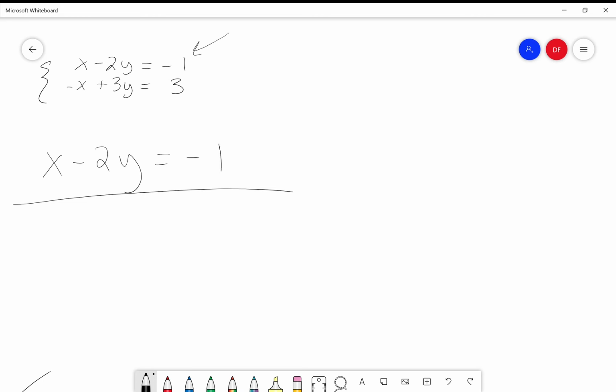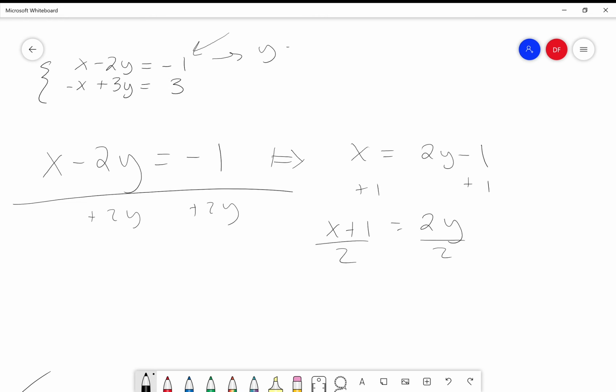Well, I can rearrange this. If I do plus 2y on both sides, I get x equals 2y minus 1. And then I want to do plus 1 on both sides. I get x plus 1 equals 2y. And now I divide by 2, and I get y equals 1 over 2x plus 1 over 2.